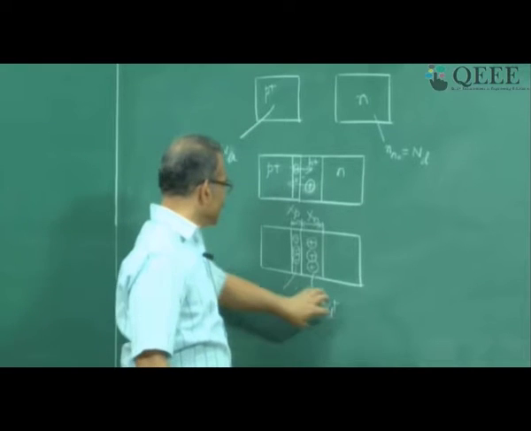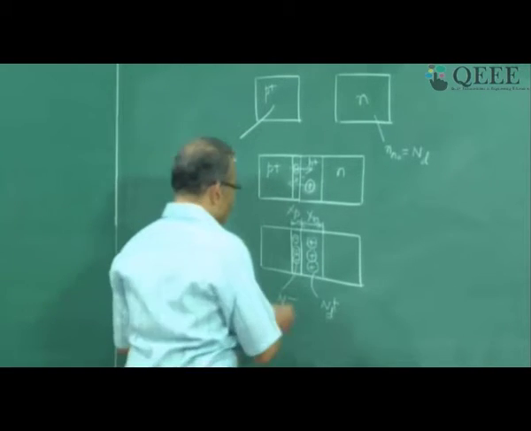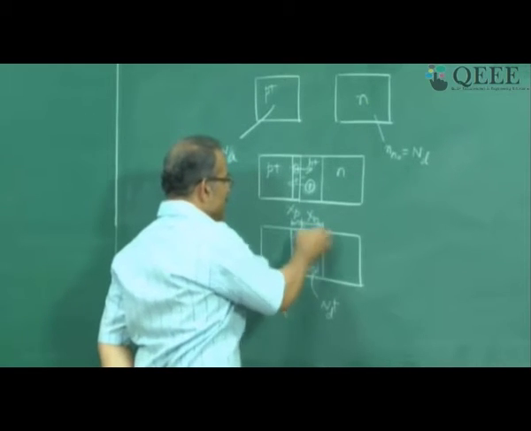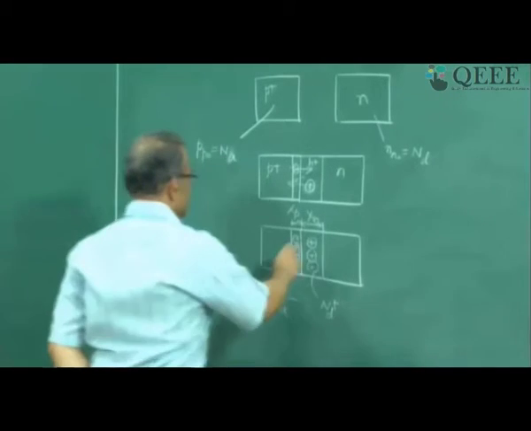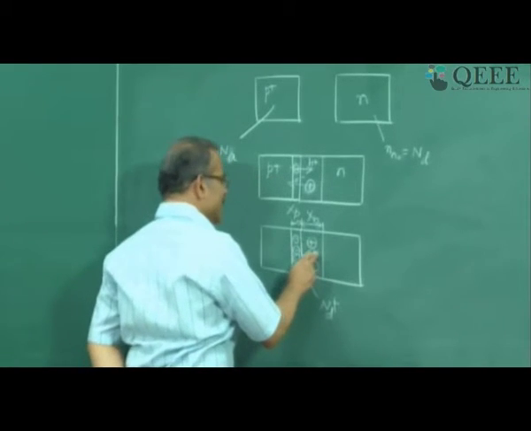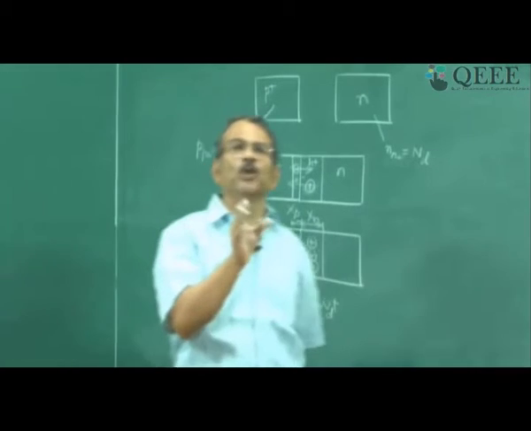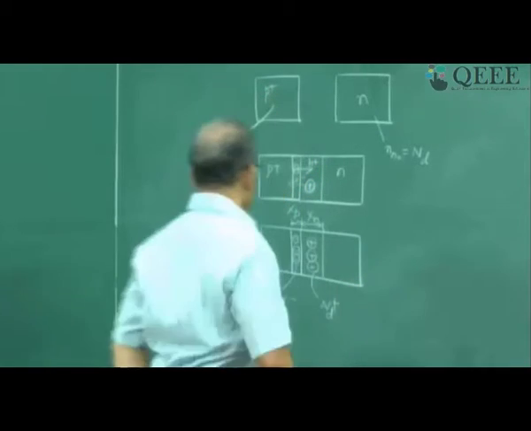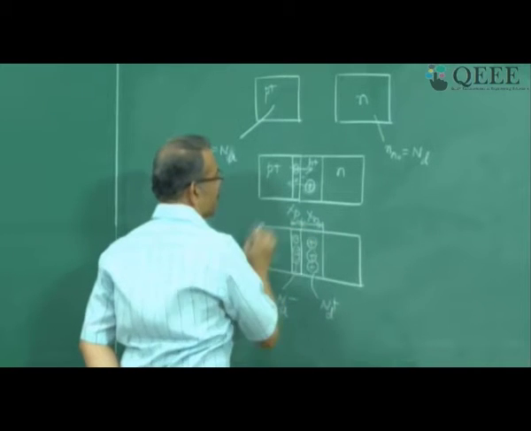So if ND is less than NA, unless I have more width Xn, I cannot get the charge here to be equal to charge here, right? So concentration of charge on the right hand side is less than on the left hand side, but total charge on the right hand side should be the same as on the left hand side. Therefore, width here is more than width on the left hand side.